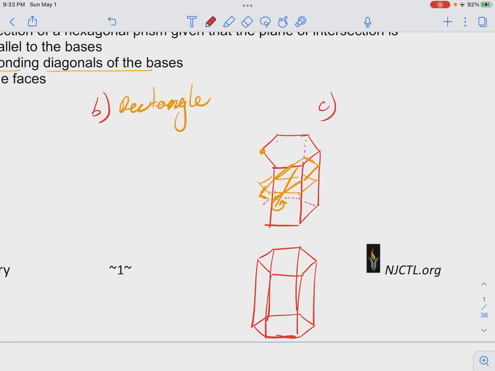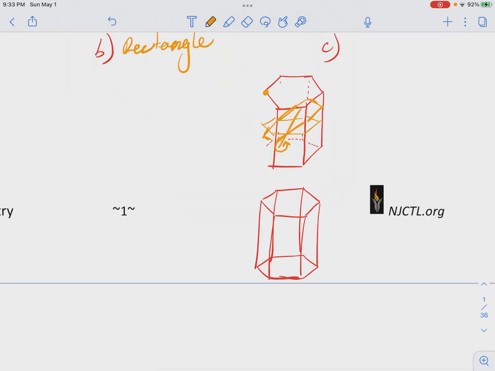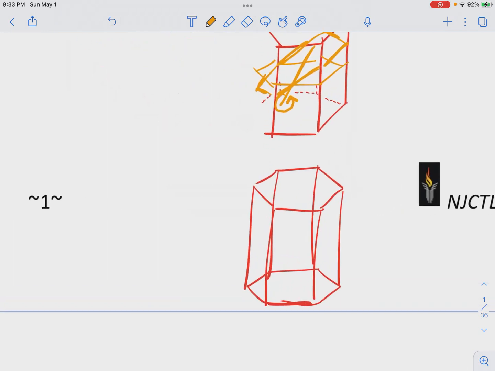If we then went ahead and drew in a plane that intersected like so. So let's get as precise as we can about this, because there's really only one very narrow solution where this plane intersects all 8 faces. So this plane would have to sit like this, coming through all of the faces.